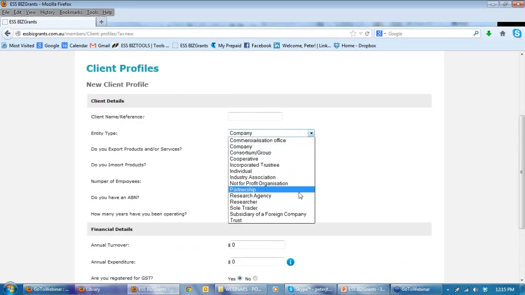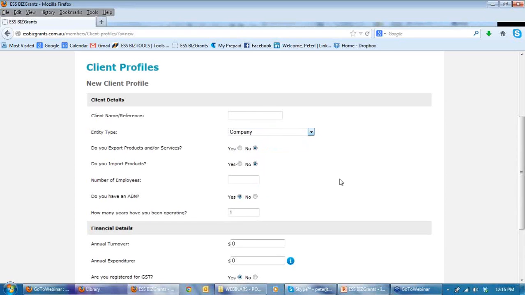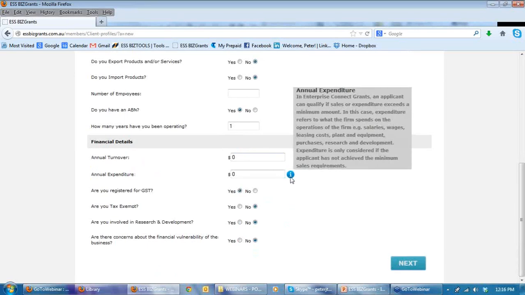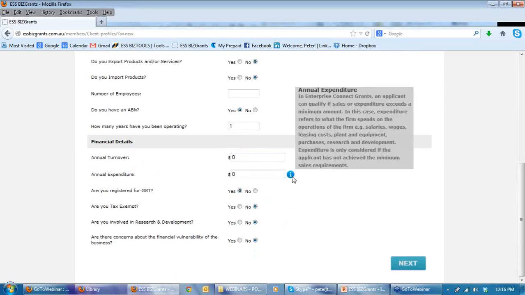You have got a choice of entities there, the entities that are applicable to the grants that are within ESS BIZGrants, so you'd click onto the applicable grant. The default is companies because it's the most popular. Turnover is the turnover of the businesses, and I said in the introduction, turnover can affect both minimum and maximum. We have an explanation there as to why we've got annual expenditure.